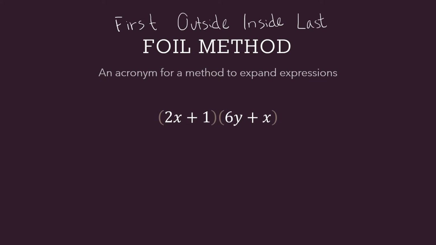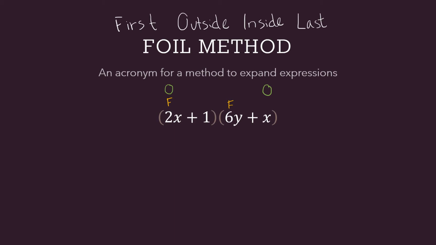If I were to show you that in this problem, I would first say, okay, my first terms that I would multiply would be the 2x times the 6y. And then I would multiply the outside terms, which is the 2x times the x.